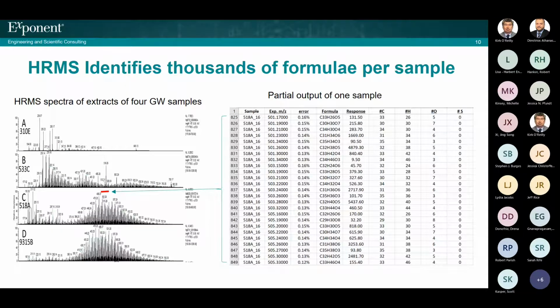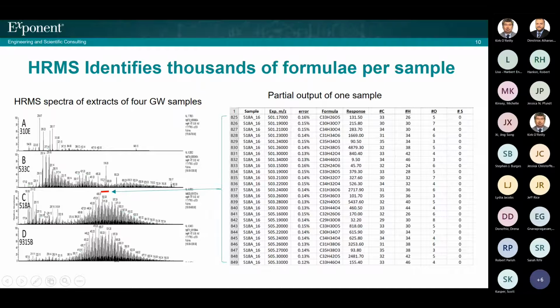The high-res mass spec, again, typically just identifies at the formulae level, and what you see here is 5 spectra from the first case study. What I'm trying to show here is that just across that little period of time covered by the red dot here in C, we get this many formulae.